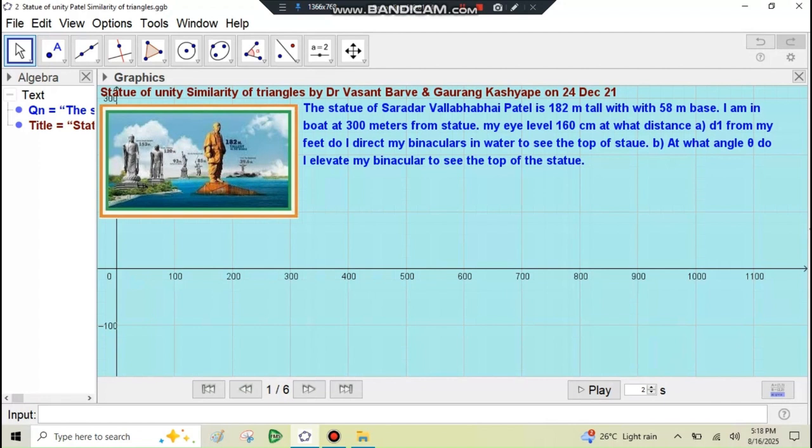Here there are two parts of the question. In one part, we are looking at the statue as a reflection in the water. And other part, we are viewing directly this statue. Let us see how we tackle this problem.